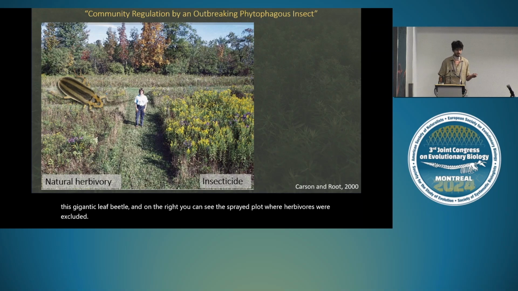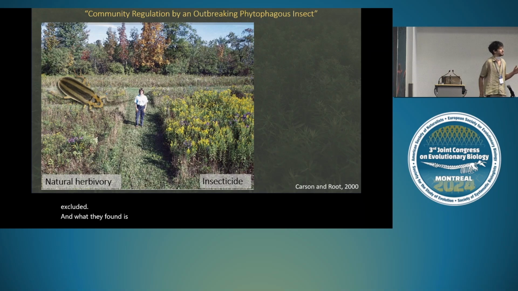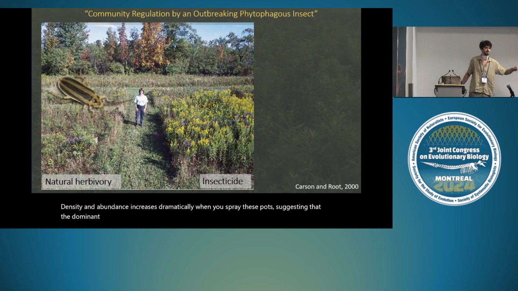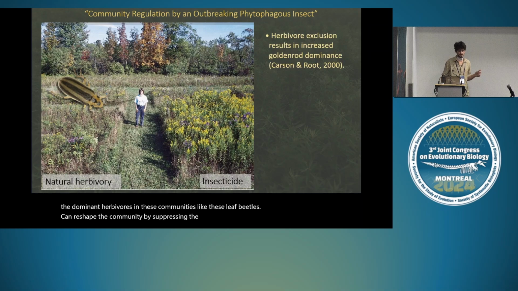And what they found is that goldenrod density and abundance increases dramatically when you spray these plots, suggesting that the dominant herbivores in these communities, like these leaf beetles, can reshape the community by suppressing the dominance of goldenrod.